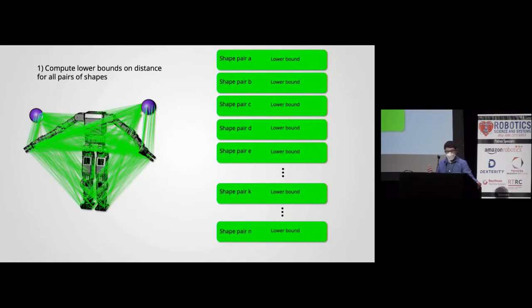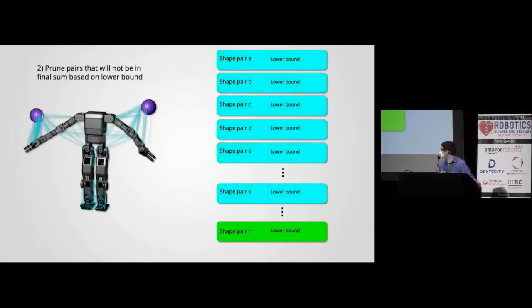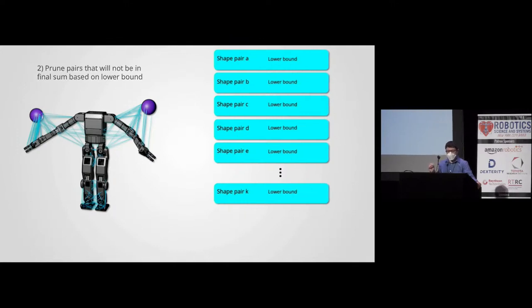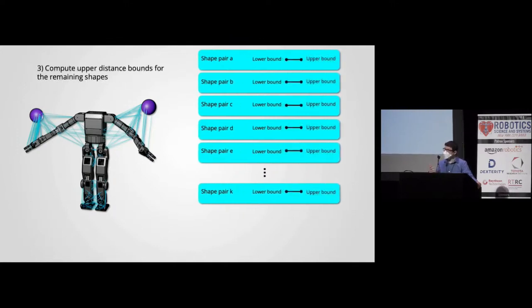Next, the algorithm prunes any pairs of shapes with lower distance bounds that are too large to be included in the final output. The algorithm then computes guaranteed upper bounds on signed distance for the remaining pairs of shapes. Again, our work proposes a novel way for computing these upper bounds in just tens of nanoseconds each.